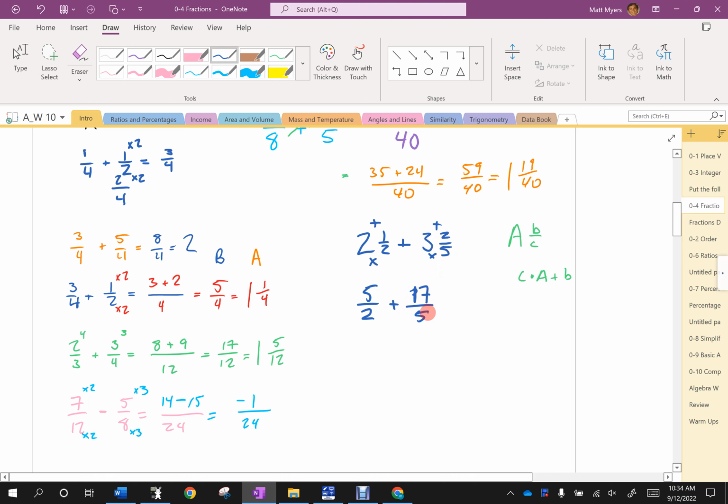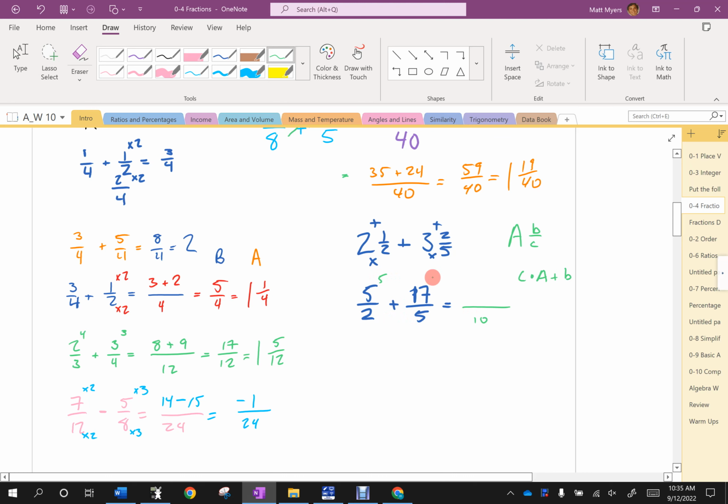Now, is it the exact same as over here, right? I would just do the work. Everybody cool? Finish it. What would you get? What's my new denominator? 10. What goes up here? 5.